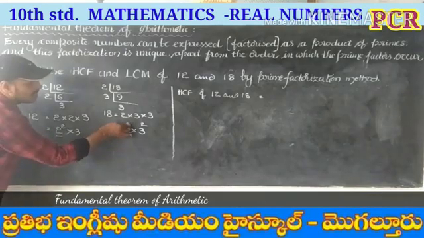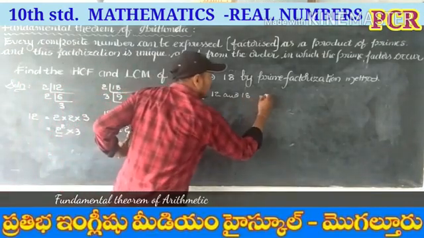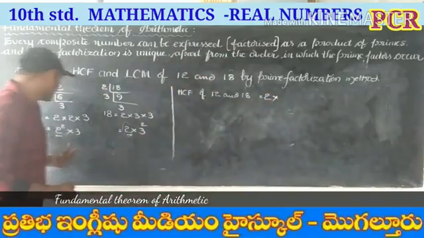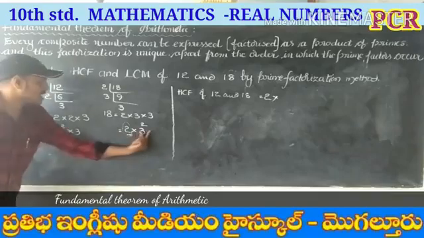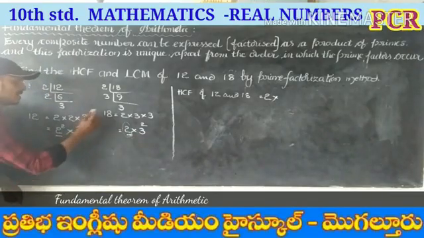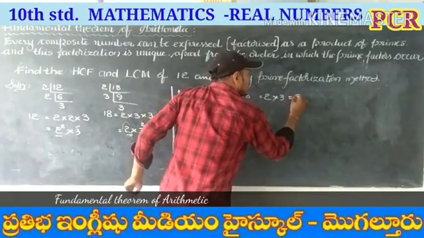So we write 2 into another common factor 3, also with the least power. 2 into 3, 2 threes are 6.